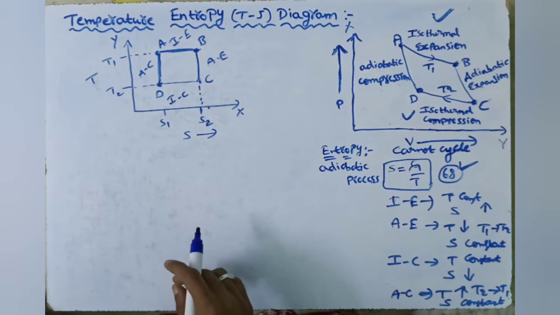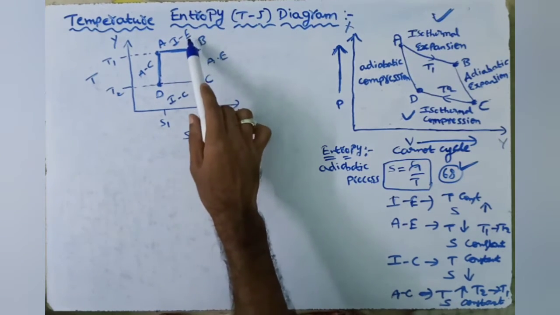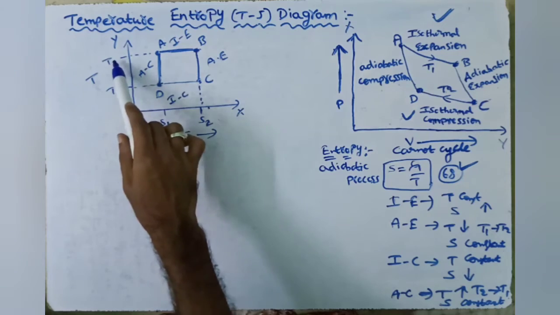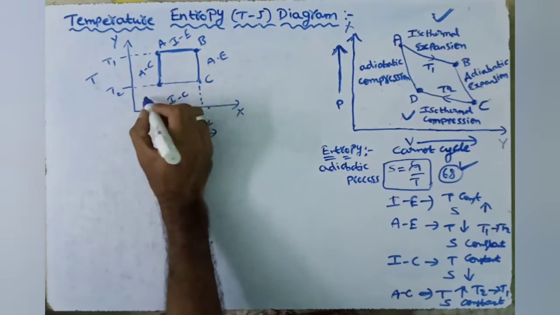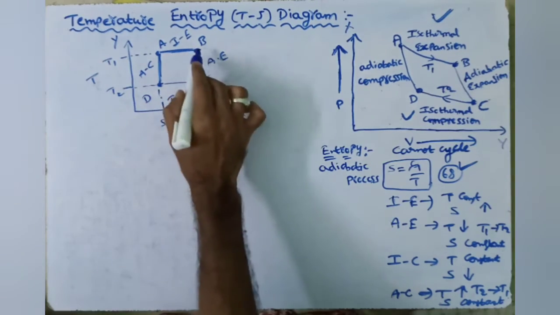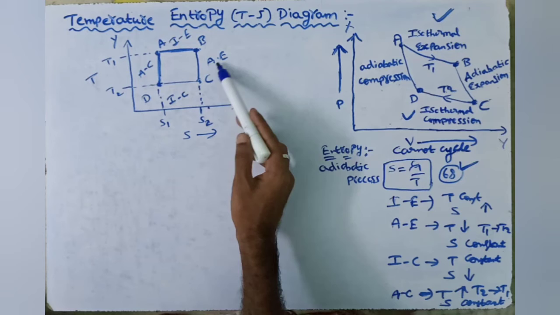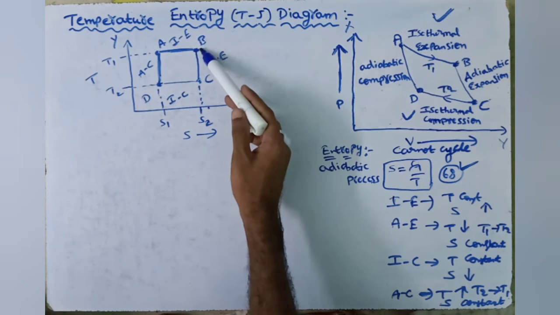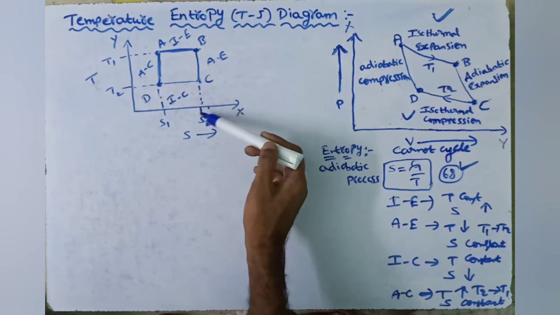In theory also we have to write the same thing. We have to explain that line AB represents isothermal expansion where temperature is constant and entropy is changing from S1 to S2. From B to C, the line represents adiabatic expansion. Temperature is falling from T1 to T2 and entropy is constant.